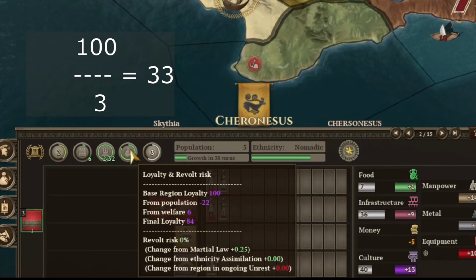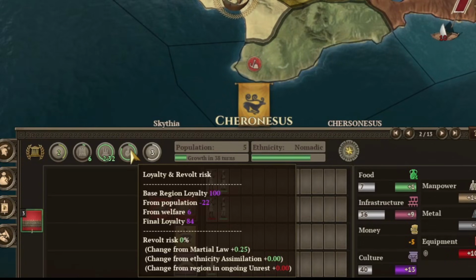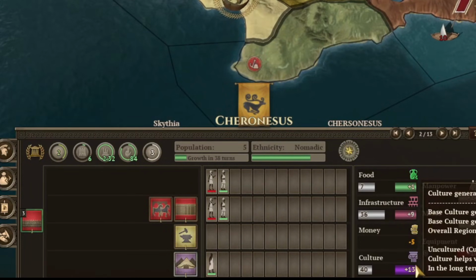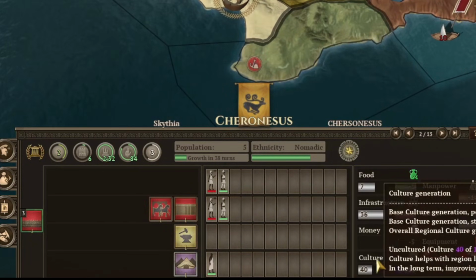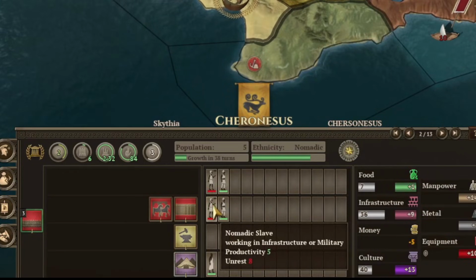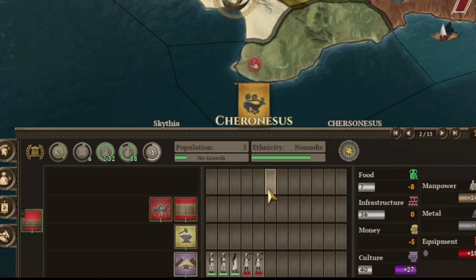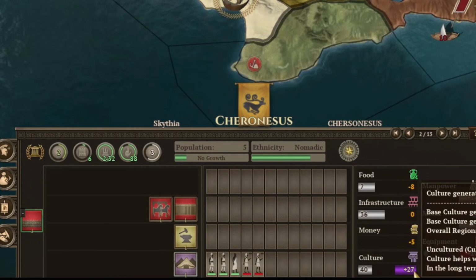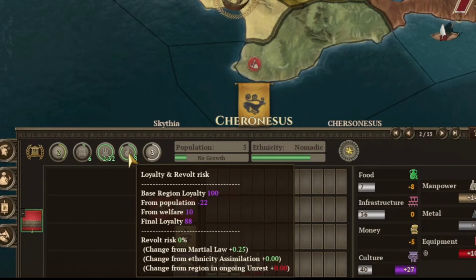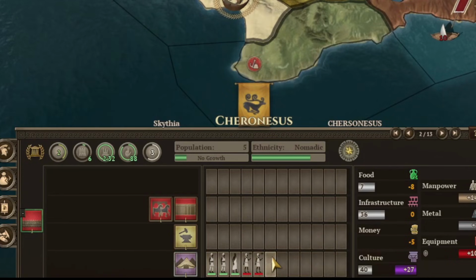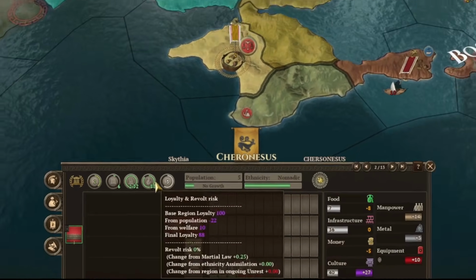So in this case, the maximum will be 33, and the amount of welfare that you produce is usually half of the culture production, but I observed that the more population you add, the less you increase the welfare. If I add everyone, so plus 27, I should increase the welfare by 13. Here you can see that I increase by 10. It's not linear, but good to know that people in culture also increase loyalty.